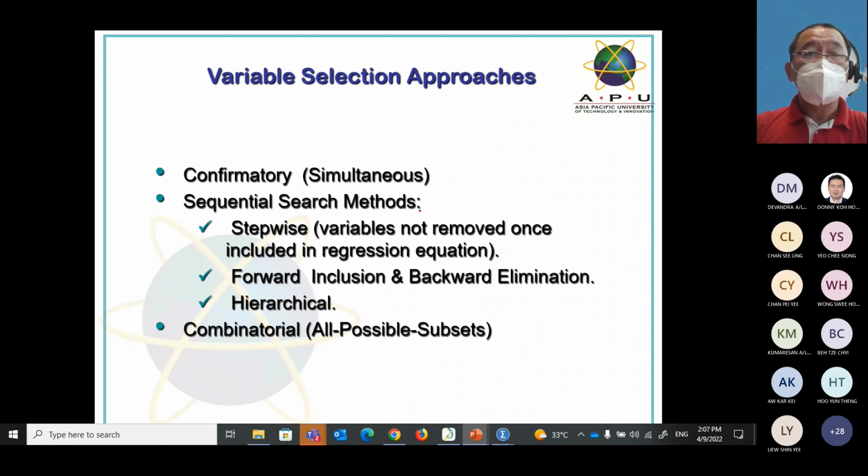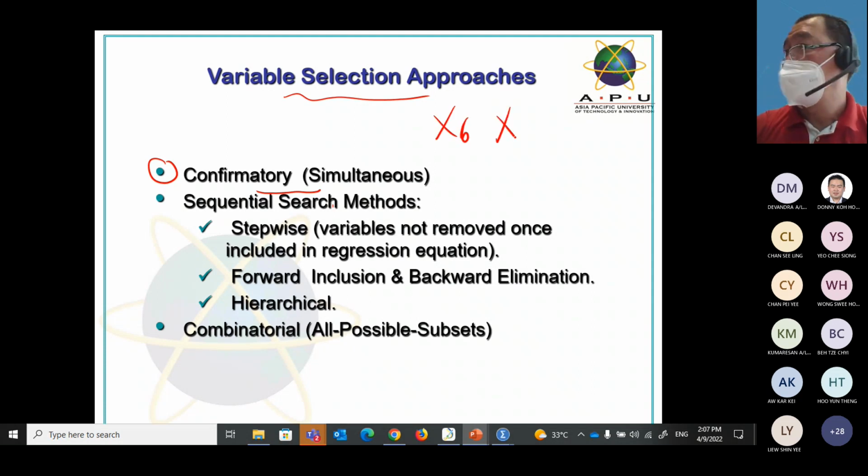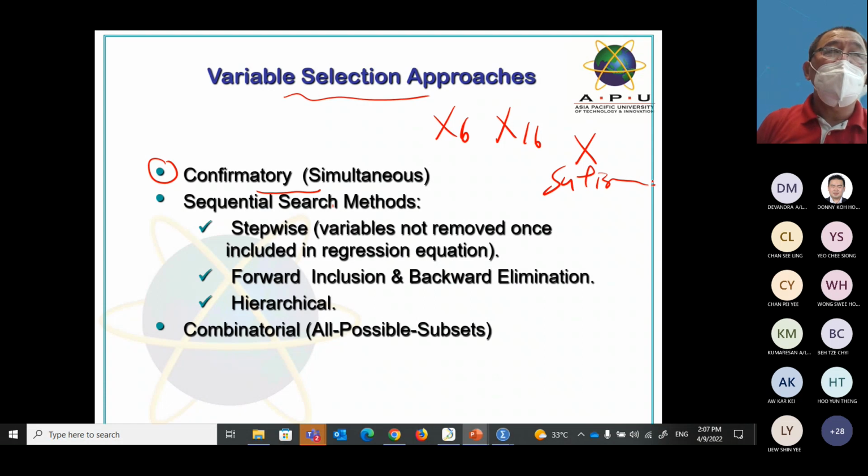This is a variable selection approach. The first one is confirmatory. Remember just now we started with the basic one, x6 and x16, affecting satisfaction. We chose these two independent variables based on some theory and some articles.